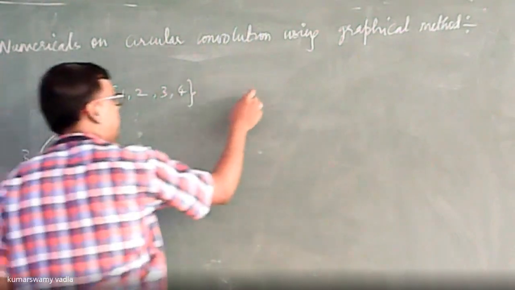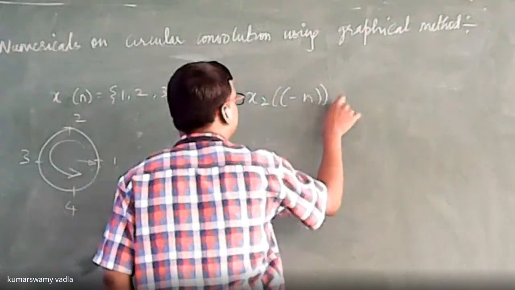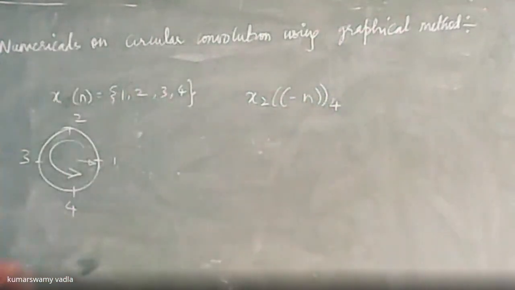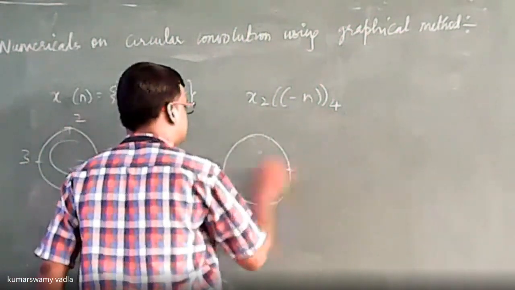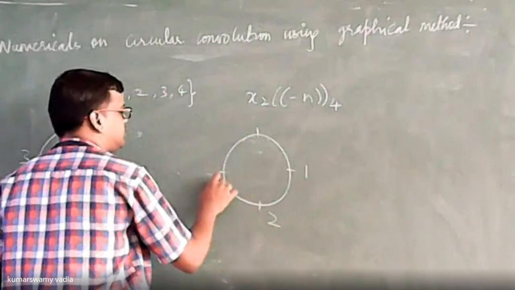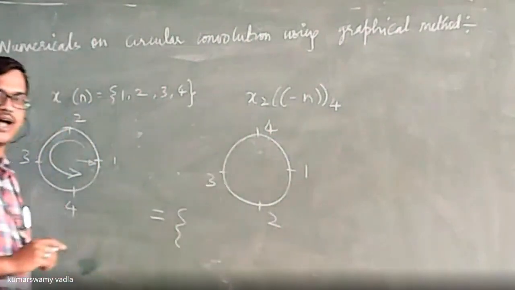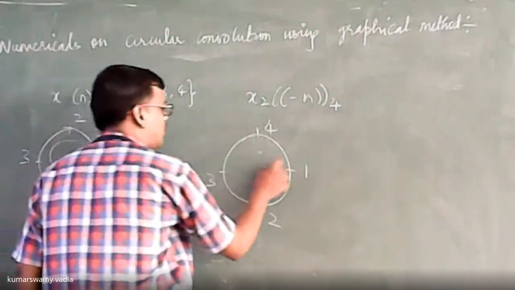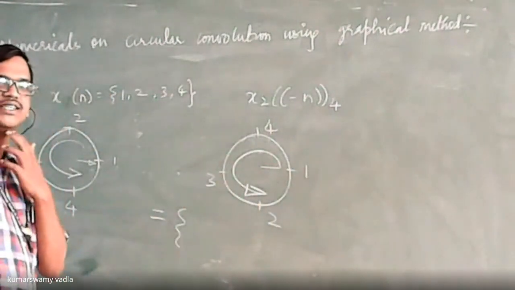Then, to draw x of minus n, you should start in the clockwise direction, here from 1, 2, 3, 4. Finally, while writing down the answer, you should start with 1 and go on in the anti-clockwise direction and write down the values.